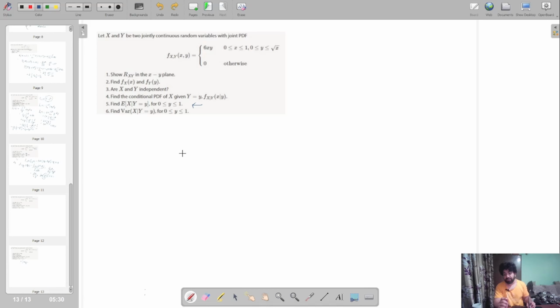In this part we have to find the conditional expectation of x given a specific value of y. So we can write the formula here. We'll write E[X|Y=y], and now I will write down the range. It goes from y² to 1, which is the upper limit, and then I write x f_{X|Y}(x|y) dx.